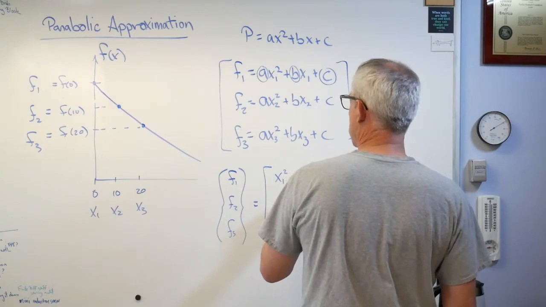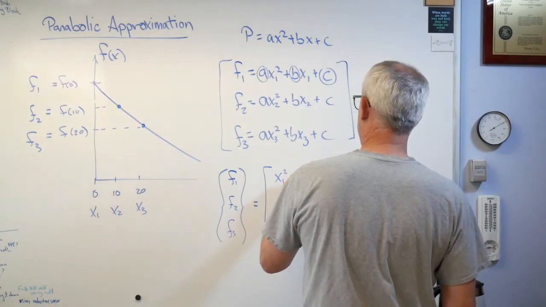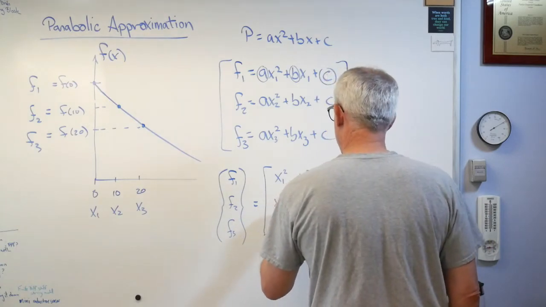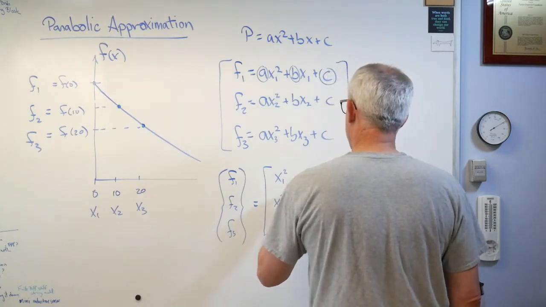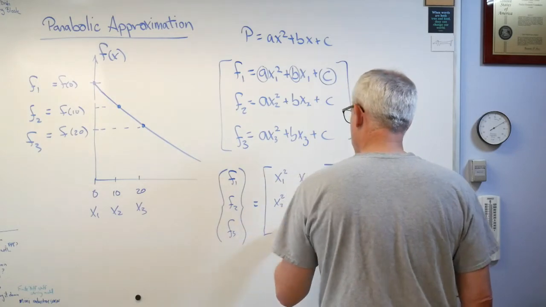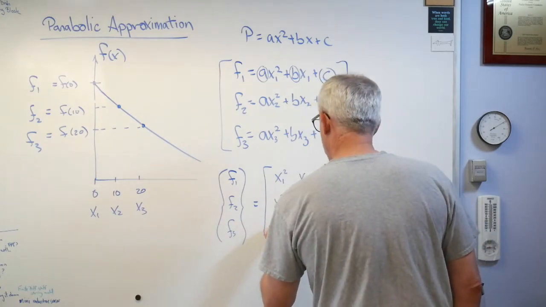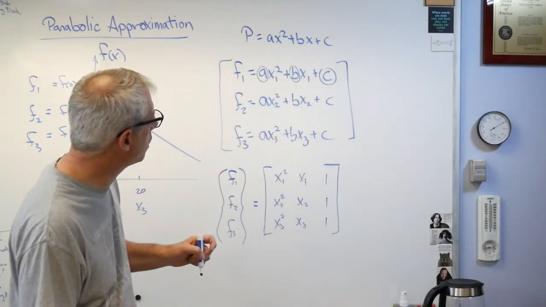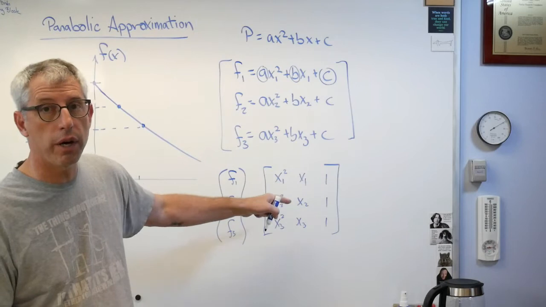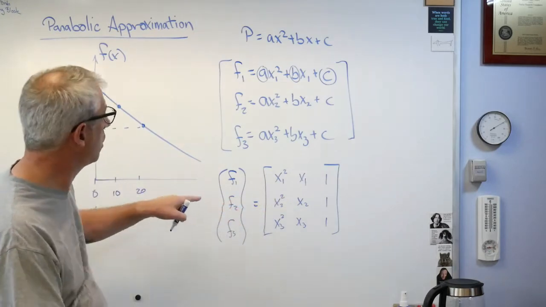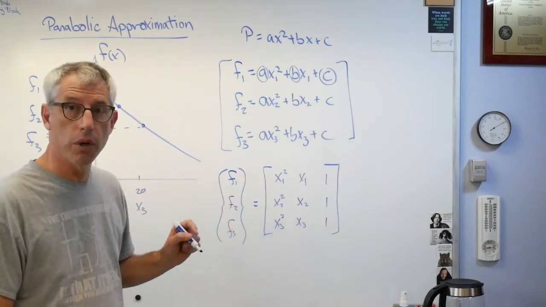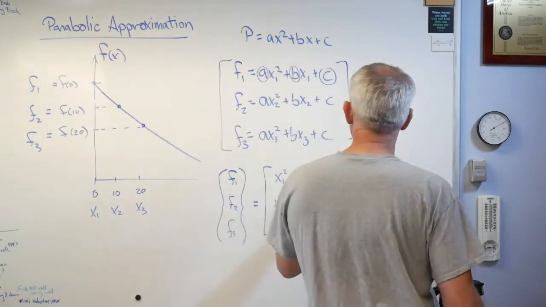Let's see, I'm going to make sure I do this right. x1 squared, x1, 1, x2 squared, x2, 1, x3 squared, x3, and 1. Okay? There's a list of numbers. These are coefficients. These are not variables. These are numbers because we'll know what those are. That one's 0, 10, and 20. Those are numbers. Here's the things we don't know.